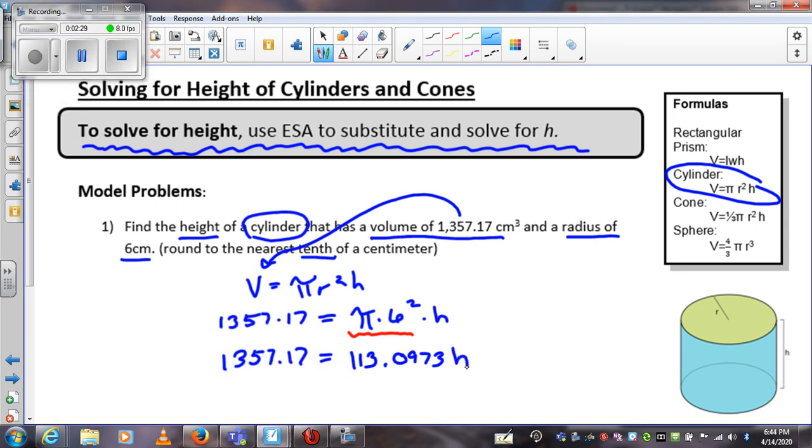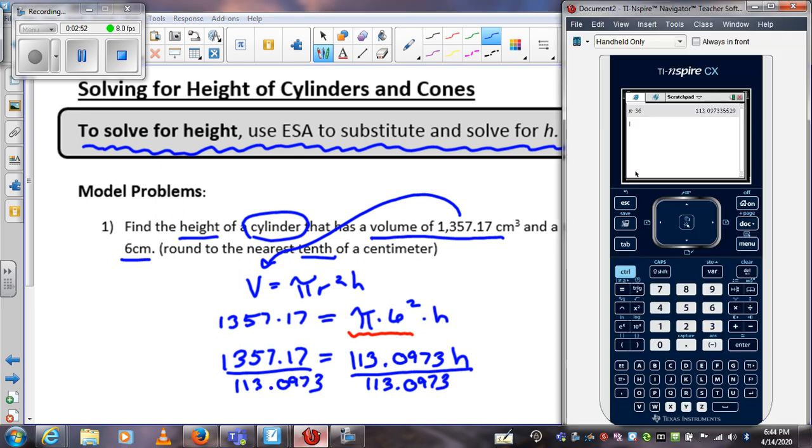Now if I'm solving for h, I have to get rid of the 113.0973. The opposite of multiplying that is dividing by that. Now a neat little trick with your calculator if you want to know it.